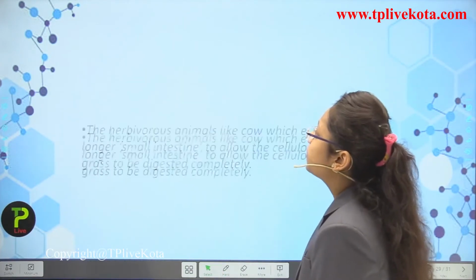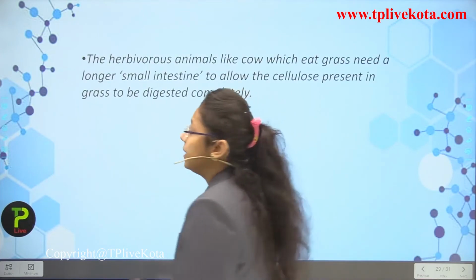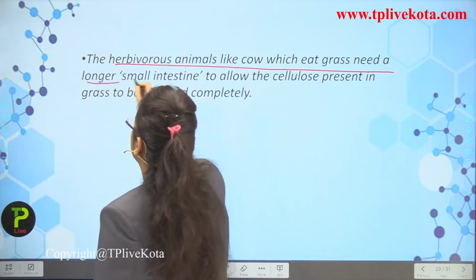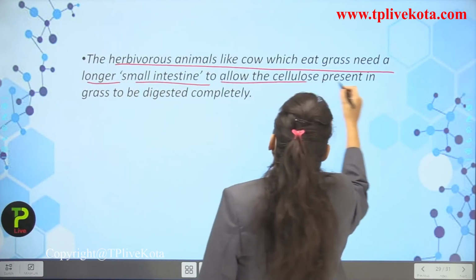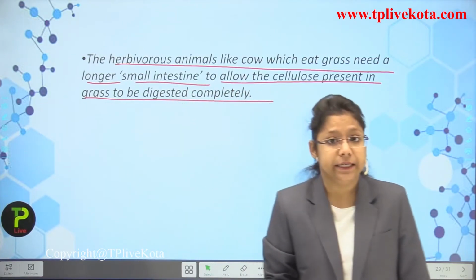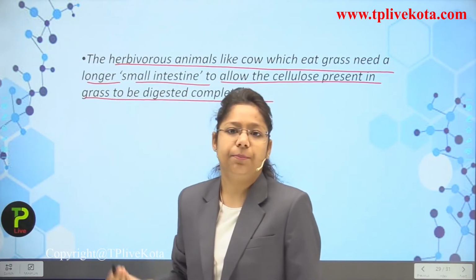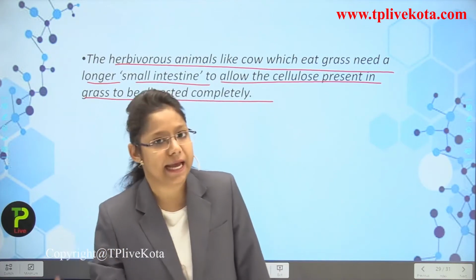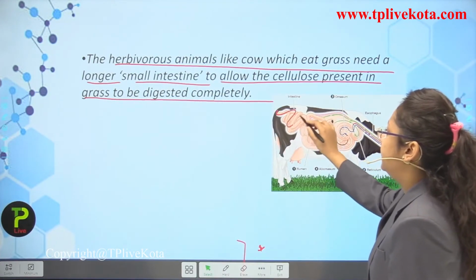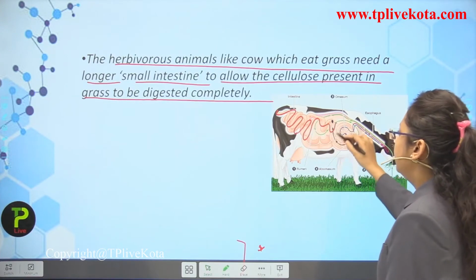Okay students. Now the first important fact is herbivorous animals like cows which eat grass need a longer small intestine to allow the cellulose present in the grass to be digested completely. So actually herbivores just depend upon grass only. That is why the cow has a larger gut, the intestine is very large.